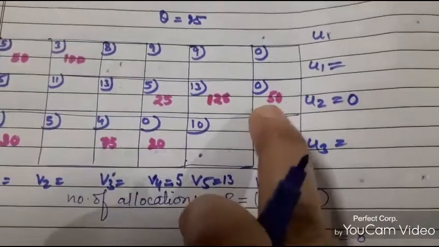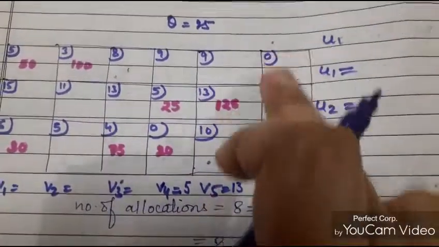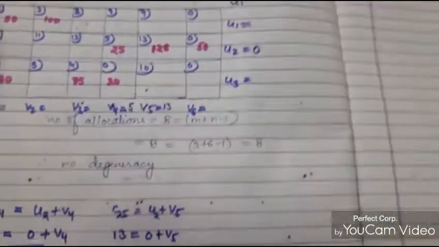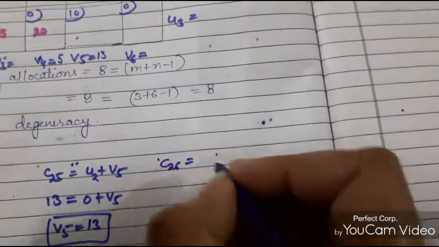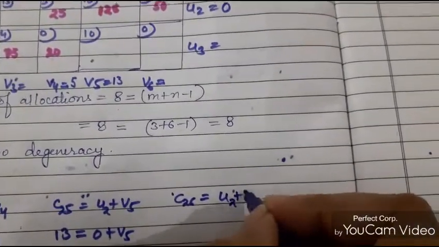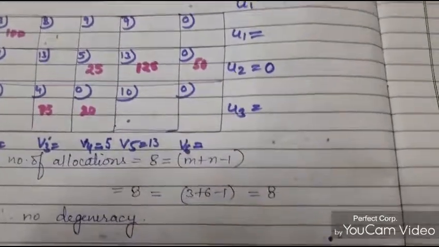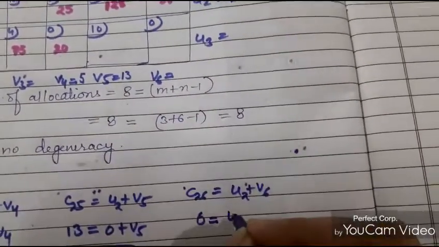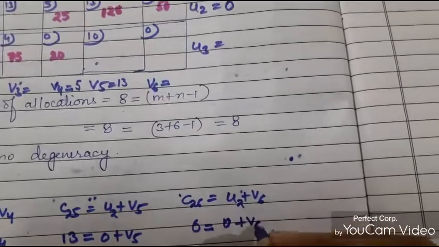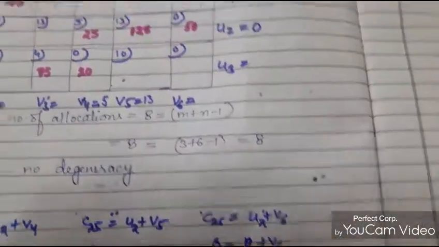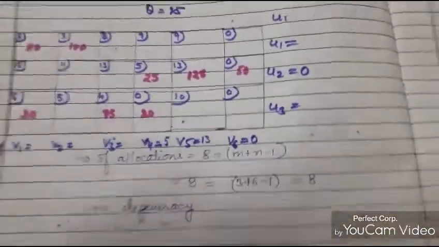Now for this cell C2,6, that is u2 plus v6. The cost of C2,6 is 0. So 0 equals u2, 0, plus v6, so v6 equals 0. Put it here, v6 equals 0.